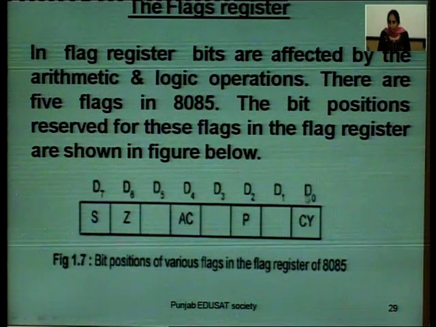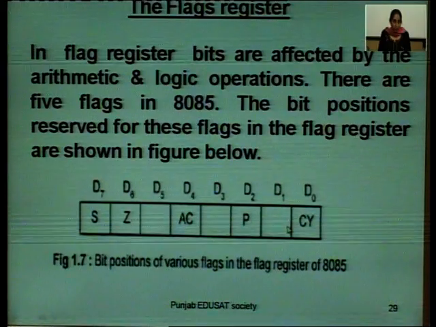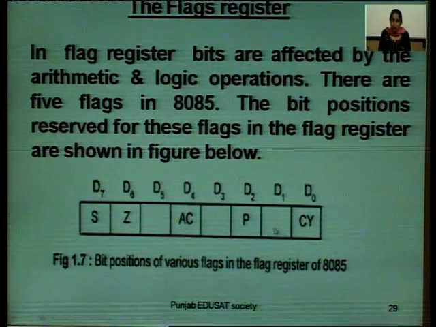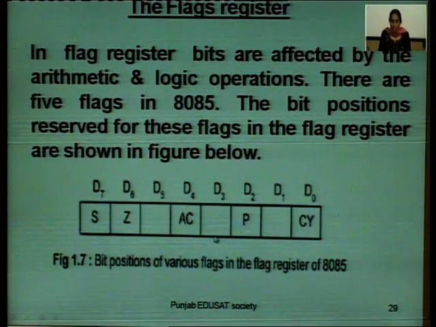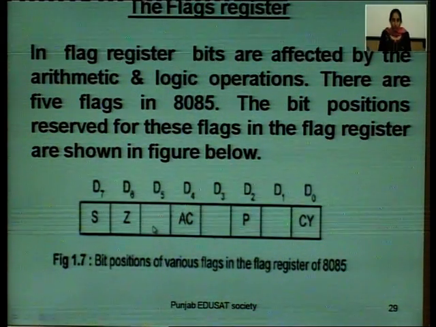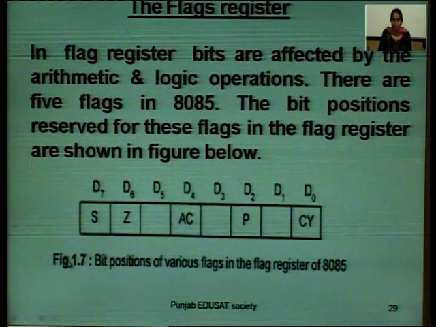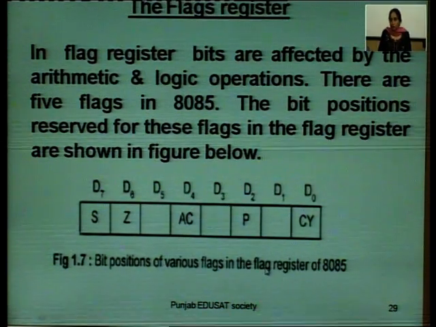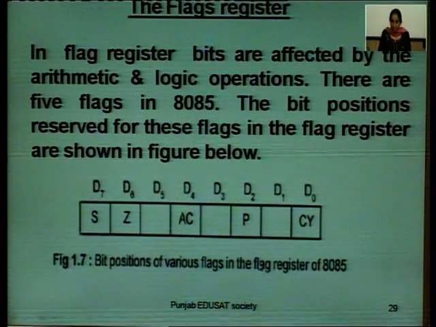At D0 position we have carry flag, D1 is unused, that is for future use, D2 parity, D4 auxiliary carry, D6 zero flag, D7 sign flag. These are the bit positions of various flags in flag register of 8085.